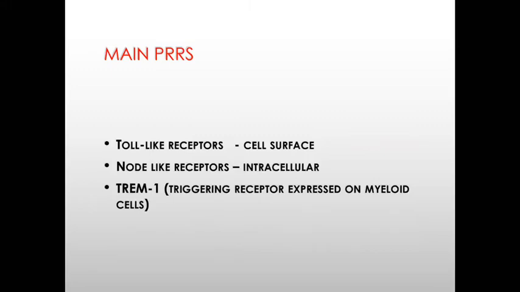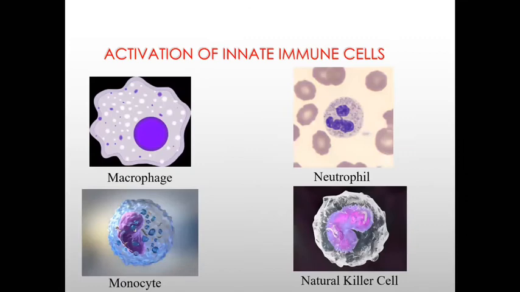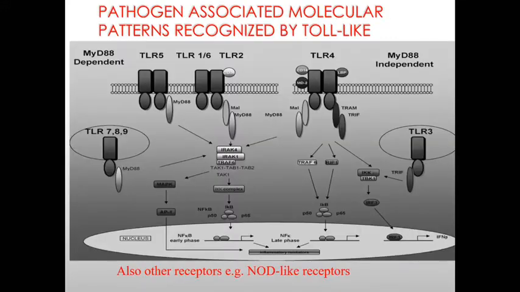And then the pattern recognition receptors are mainly receptors on the cell surface of inflammatory cells, like toll-like receptors, NOD-like receptors, and TREM1. So all of these can, in different ways, activate the innate immune response, responding to the cells. And this is just a diagram illustrating how the various toll-like receptors initiate a response in the inflammatory cell.